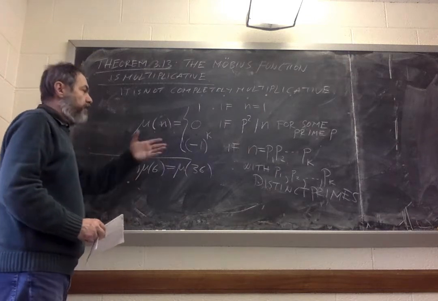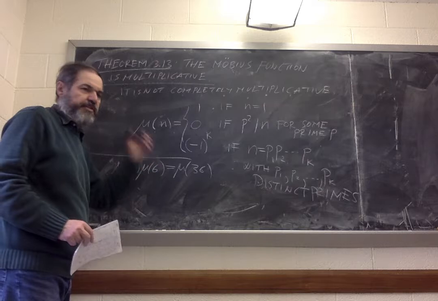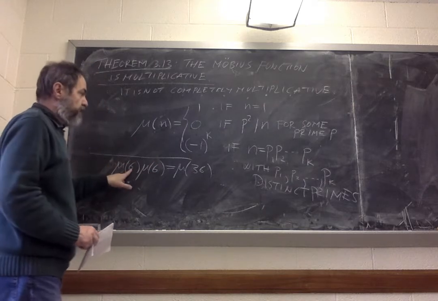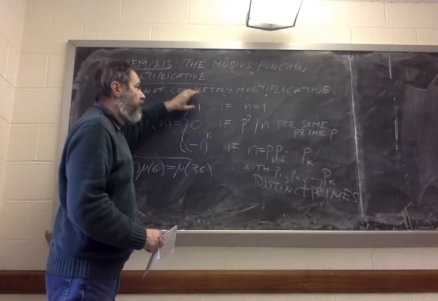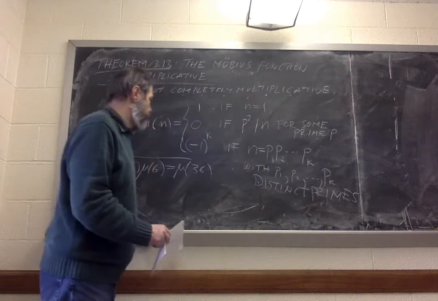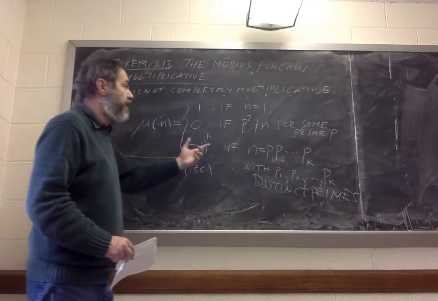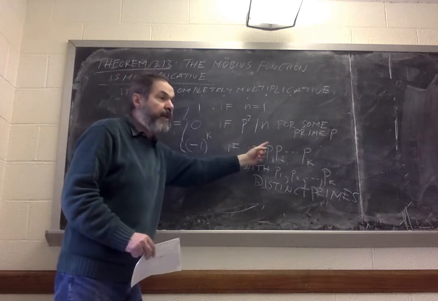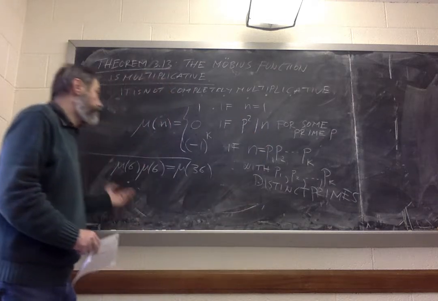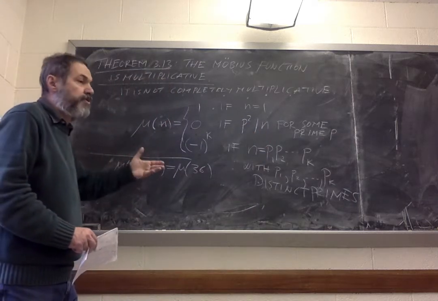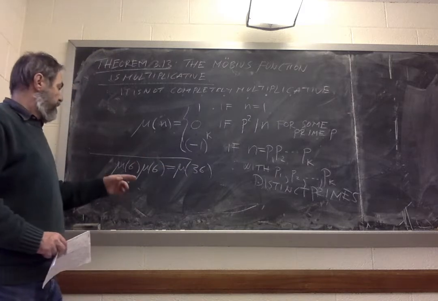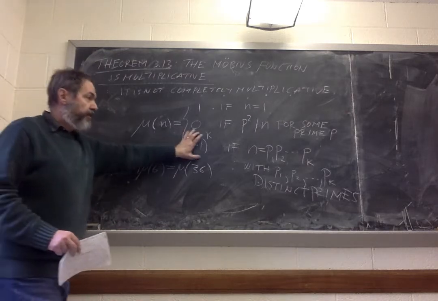It's the first example where we are forced to go through the definition and understand it. In this case n is not 1, and I'm not in the second case. There's no prime number whose square is a divisor of 6. 2 is a divisor of 6, but not 2 squared. So I'm in the third case.